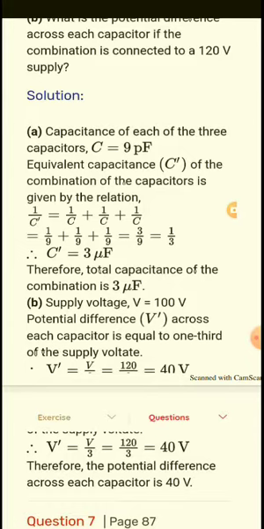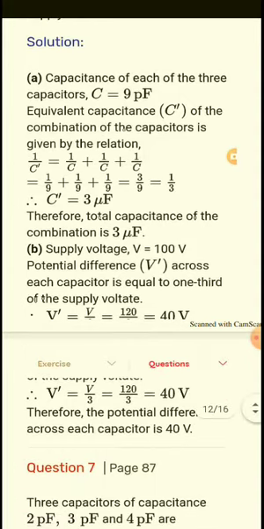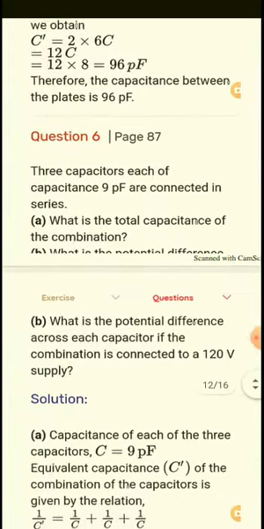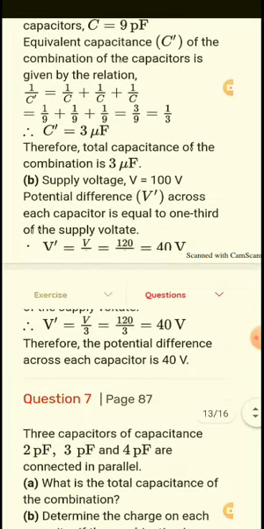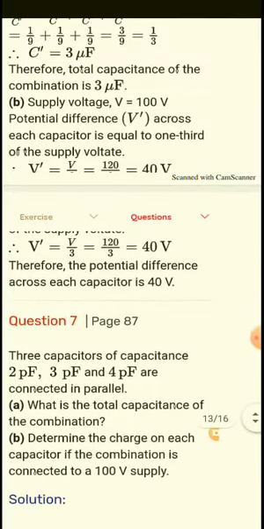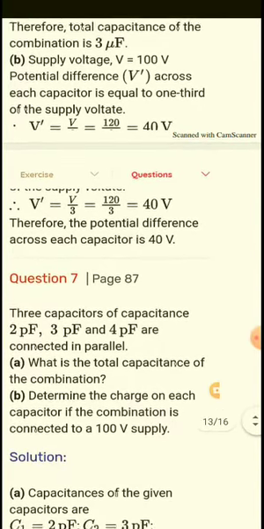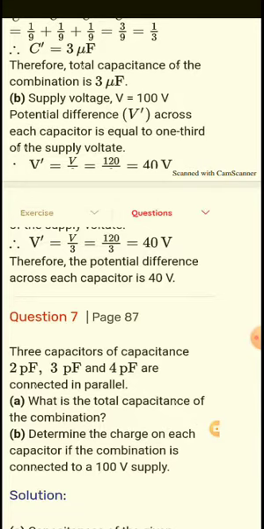So V dash is equal to V by 3 is equal to 120 divided by 3, which gives you 40 volt. Therefore, the potential difference across each capacitor is 40 volt. Here, the answer is written wrongly. Supply voltage V is equal to 120 volt.